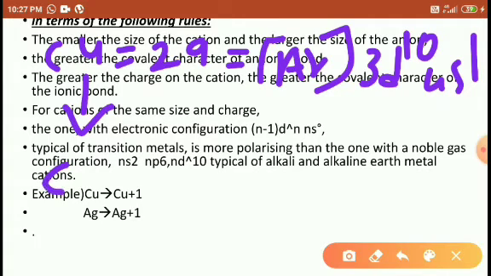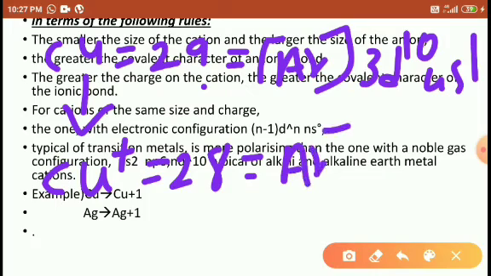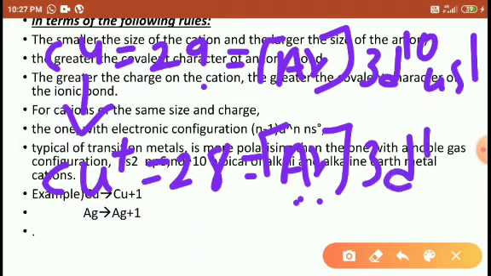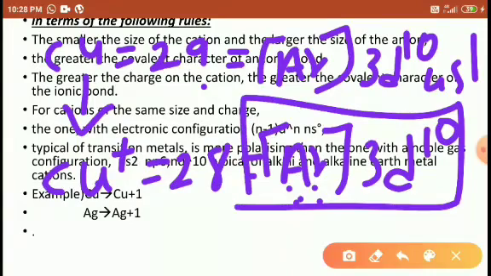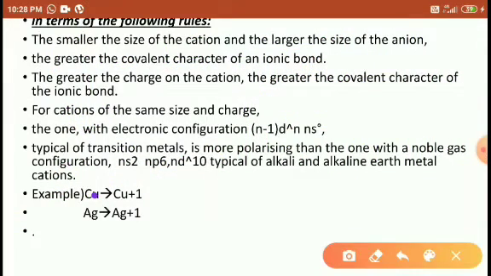Copper turns into the copper ion Cu+ when one electron is removed, so the outermost is 3s2 3p6 3d10. So this cation, the copper ion, is the example.